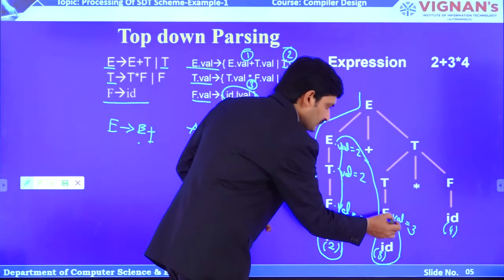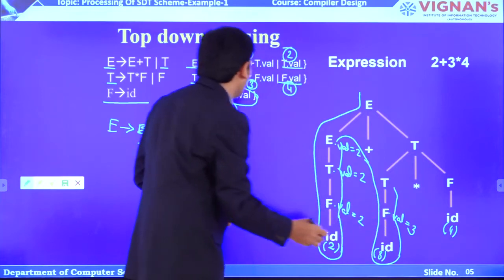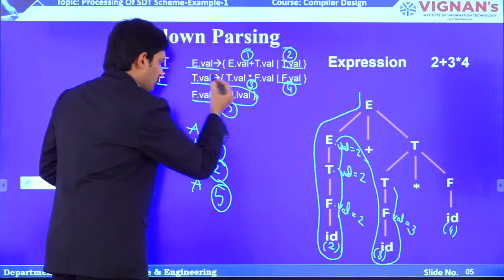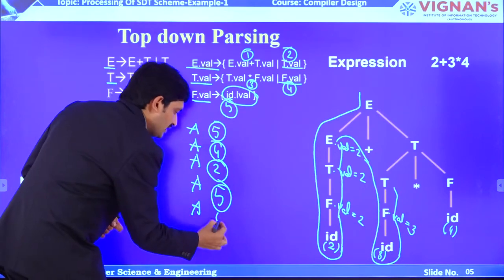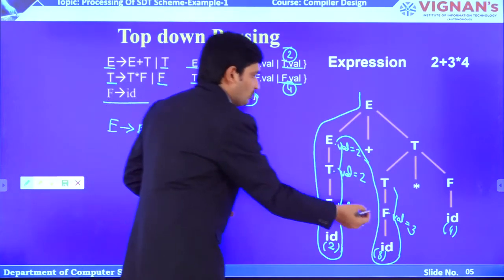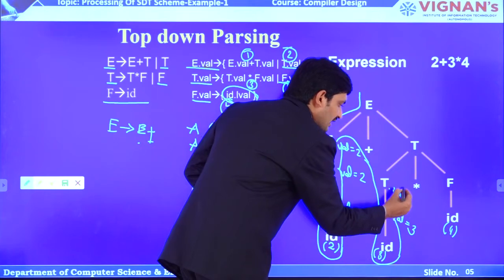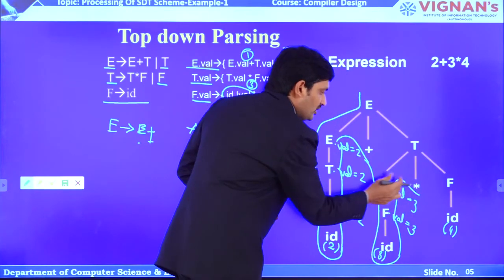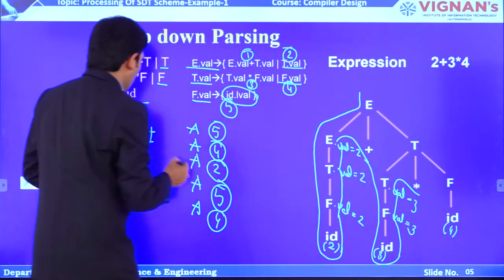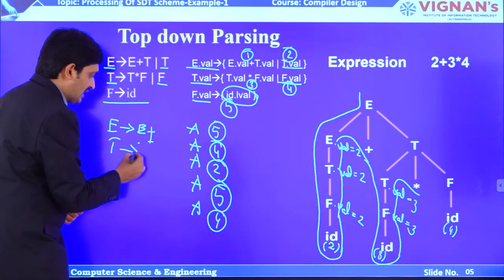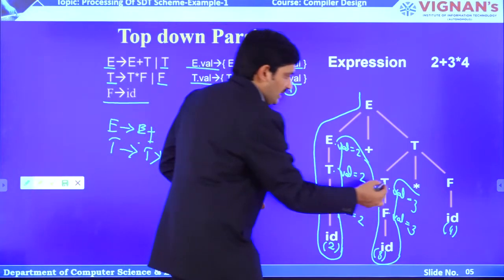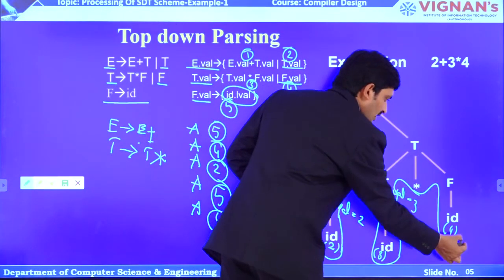Then come to here, T tends to F. If T tends to F is there, action number 4 is performed, then F value is assigned to T as 3. Then we cannot reduce T star to T because we don't have any production like T tends to T star. So, again go down here.